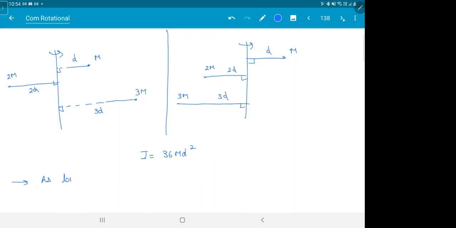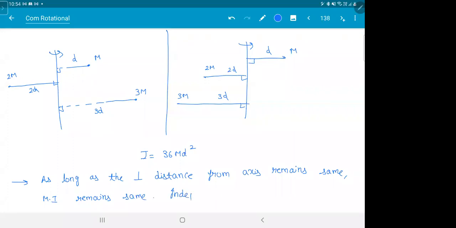As long as the perpendicular distance from the axis remains same, the moment of inertia remains same. Independent of orientation. Put it up.